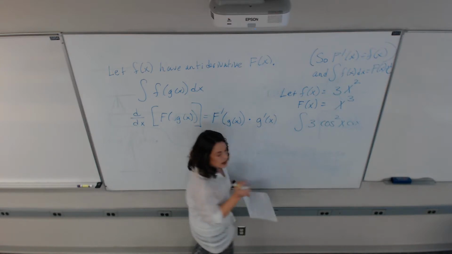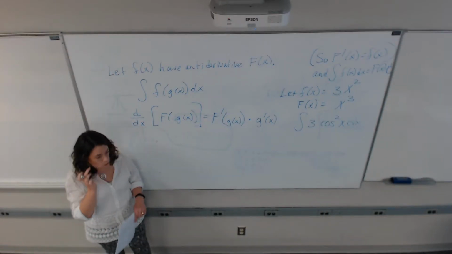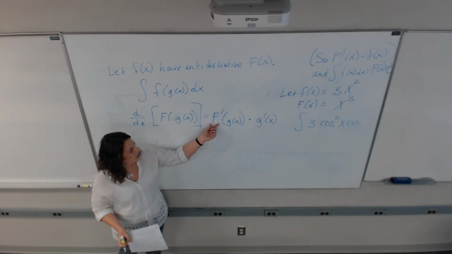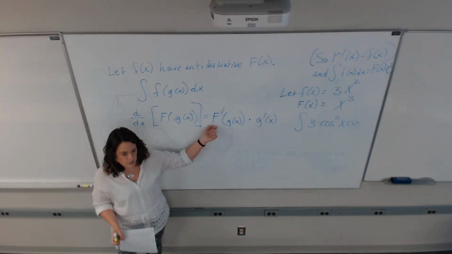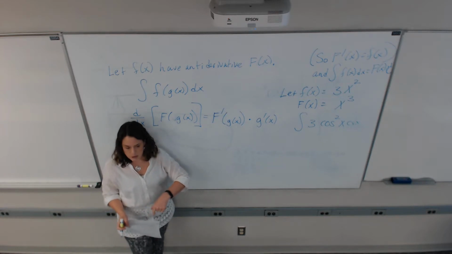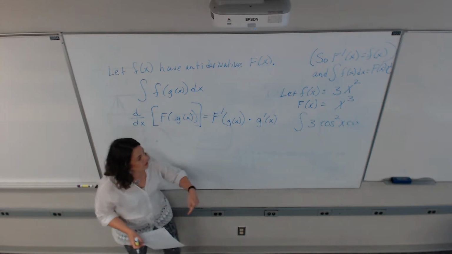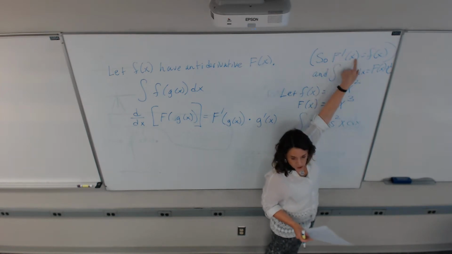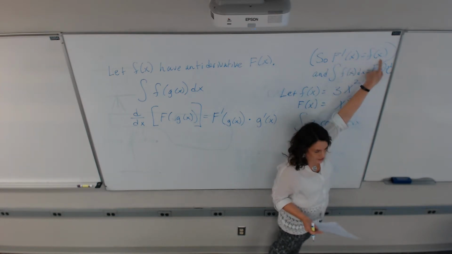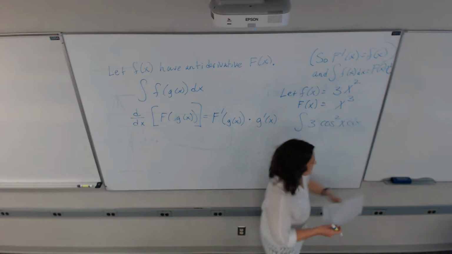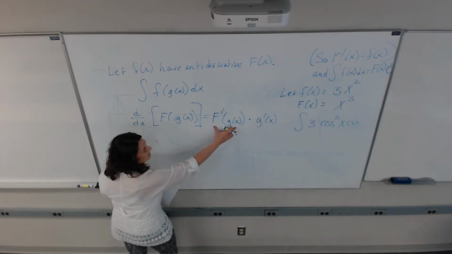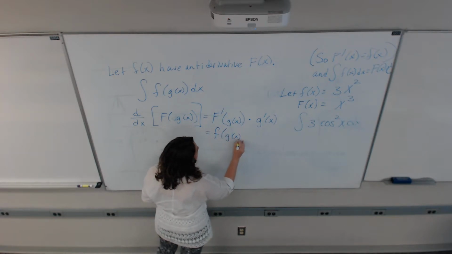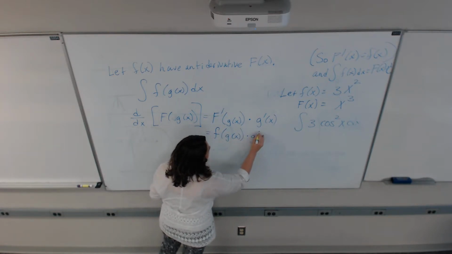All right, that's how we would do the derivative. This is the chain rule. But what did we say about capital F? Capital F is one of the antiderivatives of lowercase f, which means that capital F prime is lowercase f, is it not? So can I replace this with lowercase f of g of x times g prime of x?